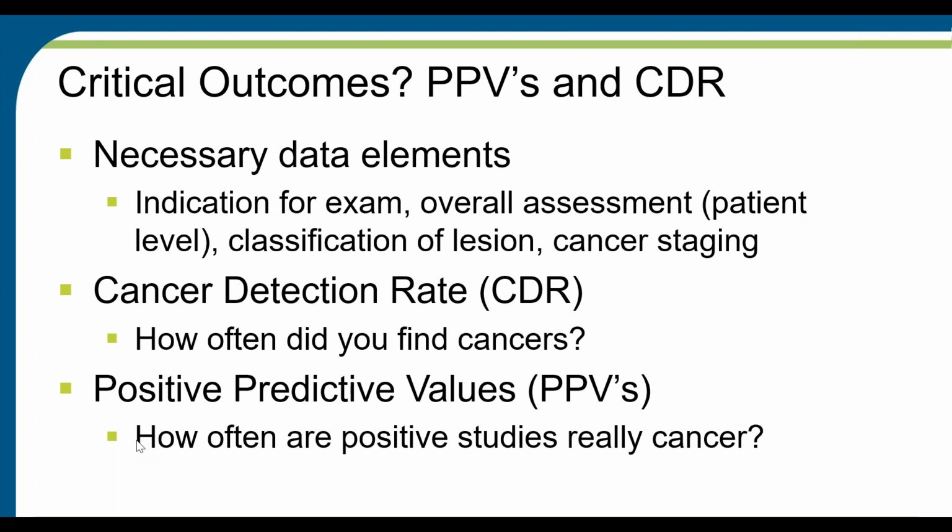Cancer detection rate is the goal of mammography: finding cancers. How often did you find cancers? Some of the extra information tells us about your population, which may influence your cancer detection rate. And PPV, positive predictive value, is very, very important.